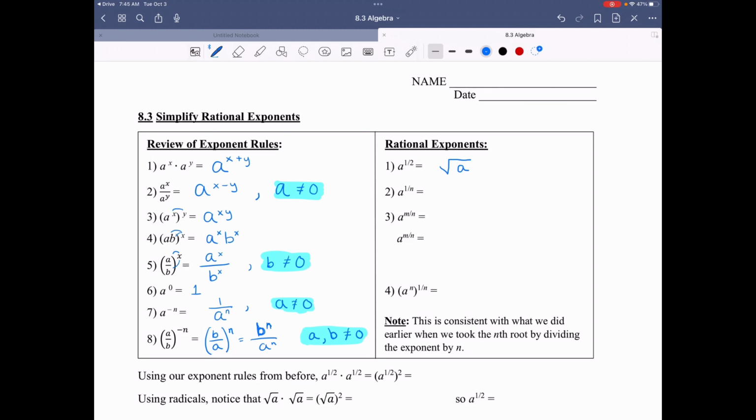And if it's a to the 1 over n, then it's the nth root of a. Notice this denominator number is what you take the root of. Same thing in 3, except we have a to the m over n, so the a to the m is in the radical, and then the n comes out here.